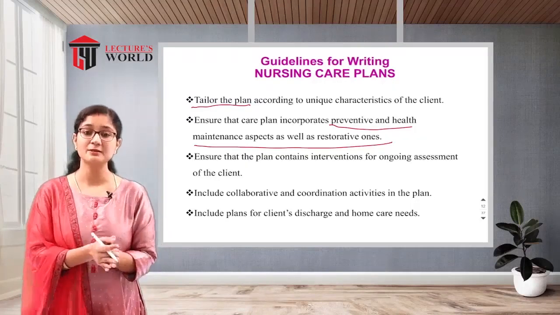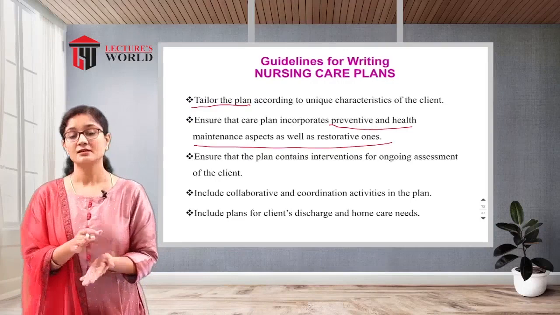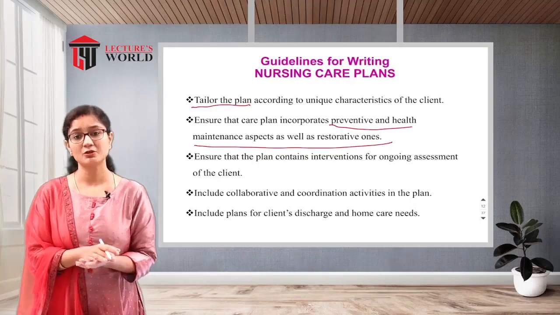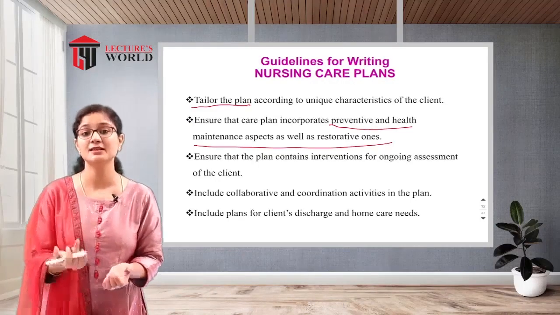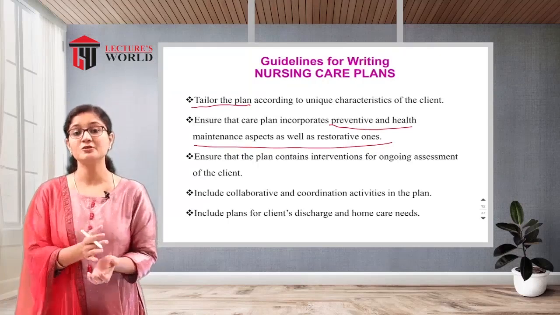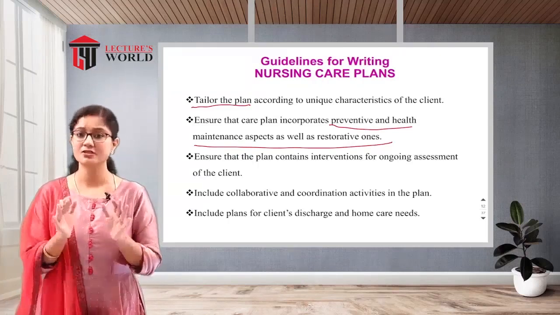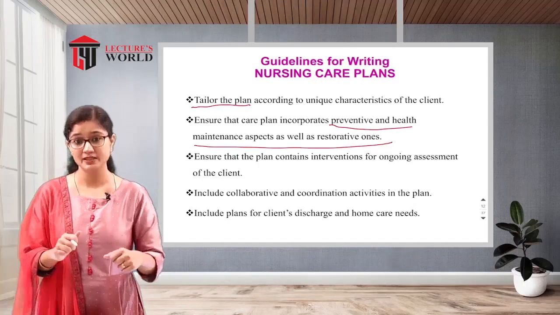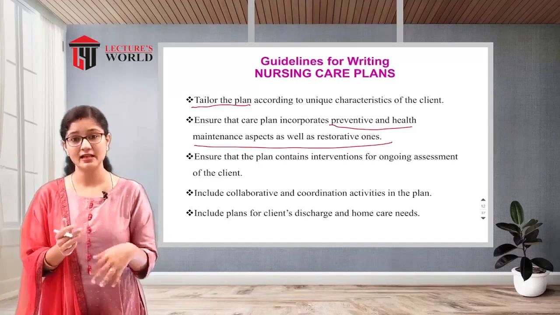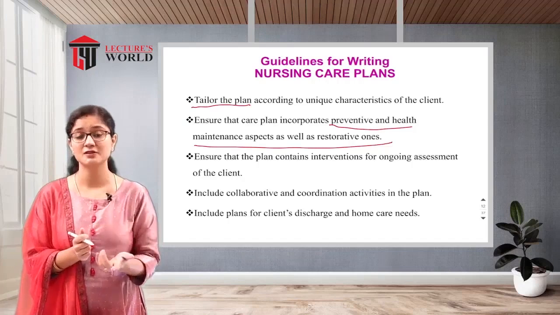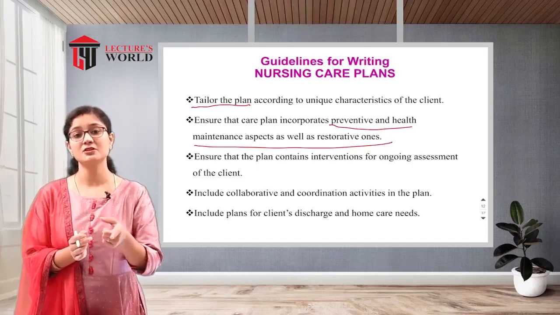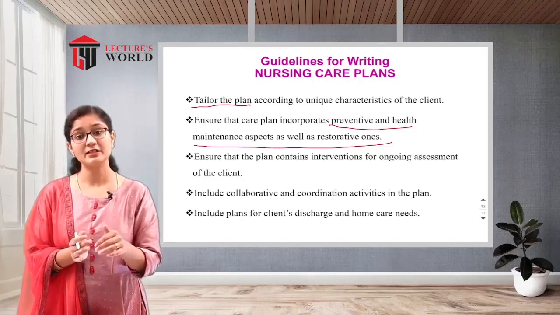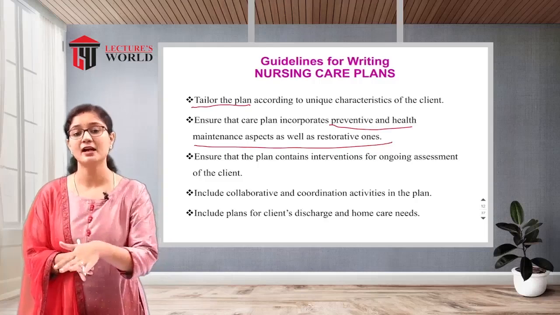But if you find that the patient is also diabetic and his blood sugar levels are not under control, you can give him health education, right? Now, he has just diabetes. He is not suffering from blood pressure, but you know that he is obese, or he has a habit of taking more fatty foods, then you can give him health education on the preventive aspect of not getting hypertension.